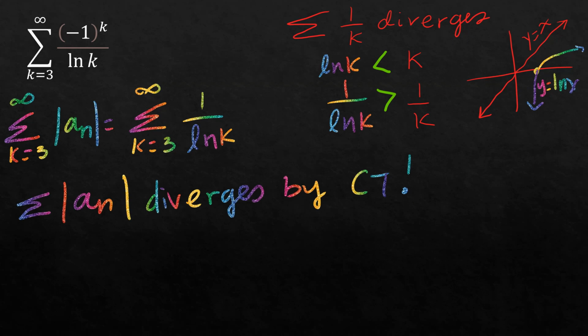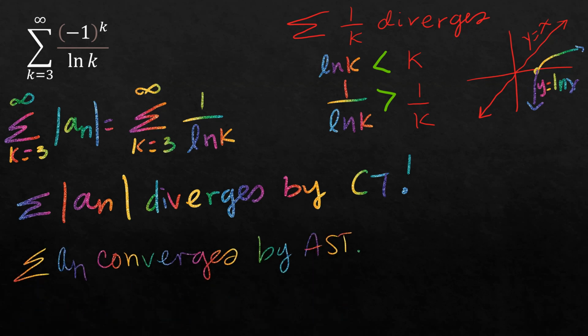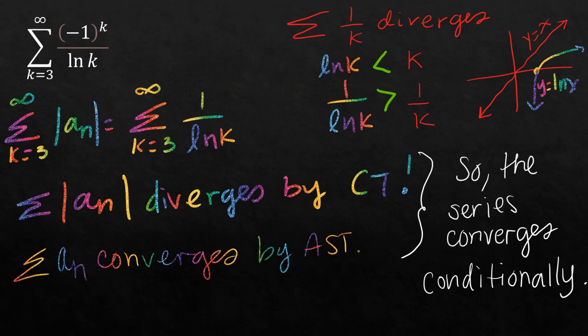So the series of absolute values of a sub n diverges by the comparison test, but we have seen that a sub n converges. So this series actually converges conditionally. And that's how the definitions of absolute convergence and conditional convergence work.